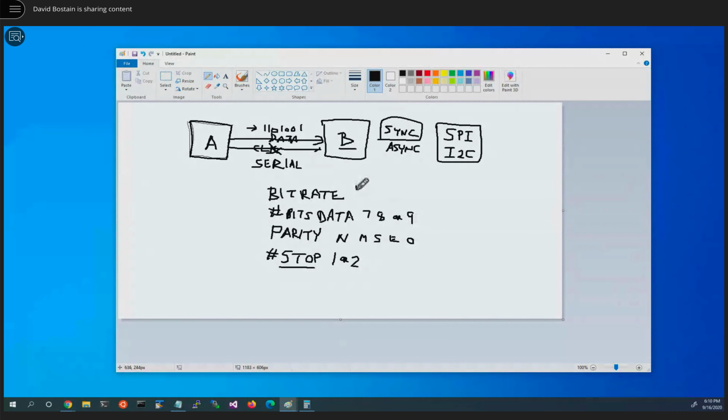The minimum speed we might see today is something like 1200 bits per second. If you talk to an old fogey like me, you might hear that called 1200 baud, B-A-U-D. Now, formally baud and bits per second are actually something different.